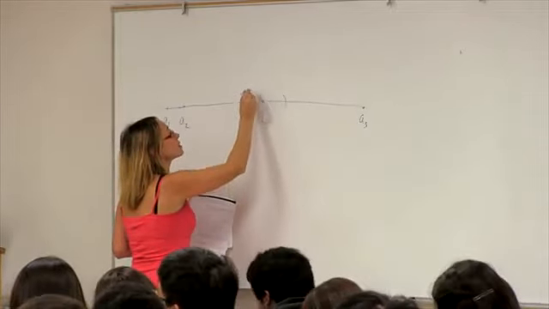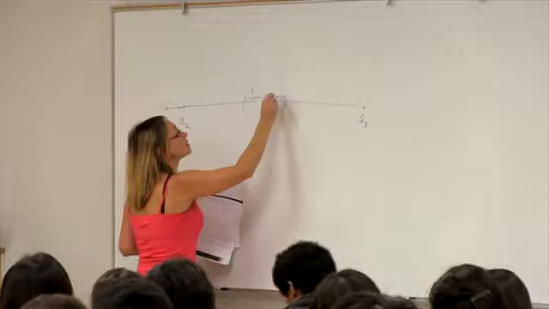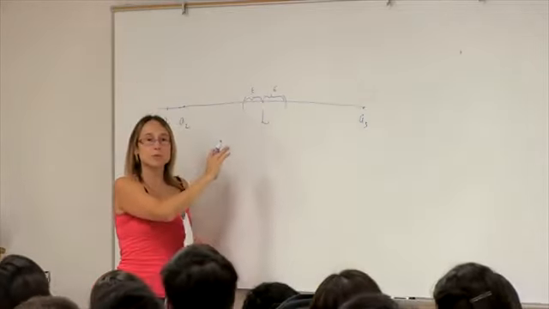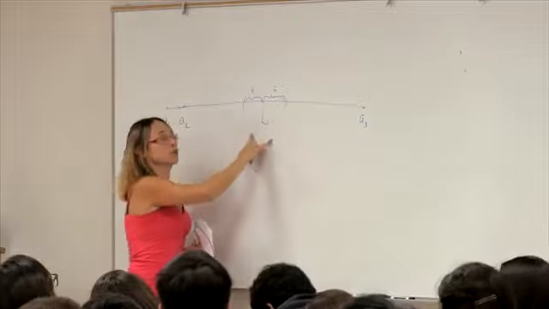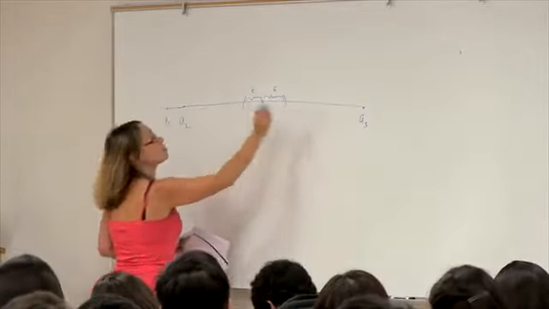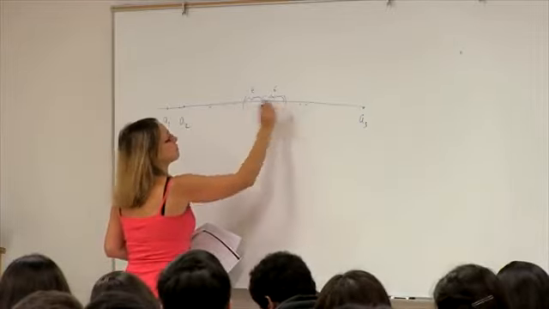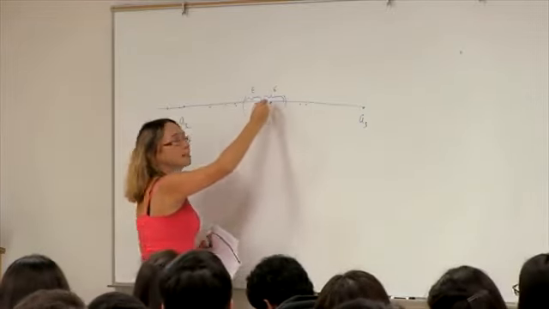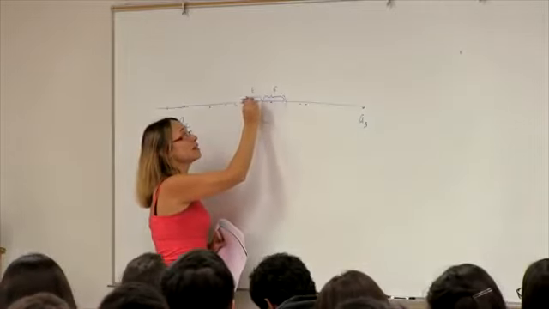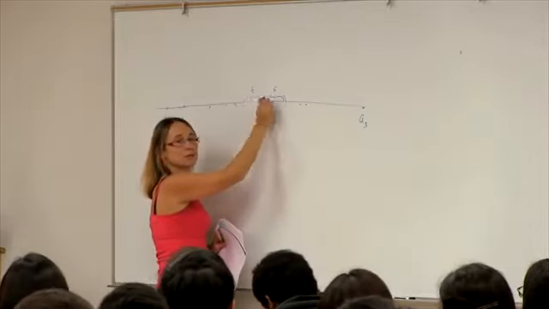So this length is epsilon. This length is epsilon. And eventually, starting from a certain number N, the sequence is going to be trapped within this trap and never escape. So as the sequence jumps up and down, or doesn't, at some point it's going to enter this interval, and it's going to remain there forever, starting from that number N.